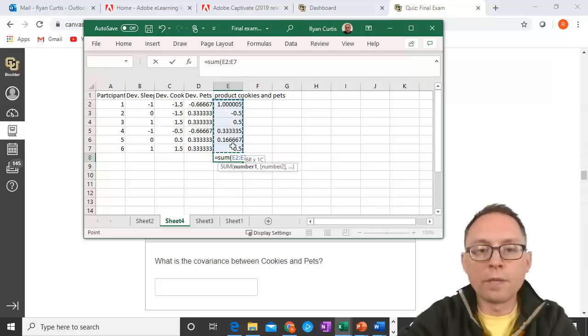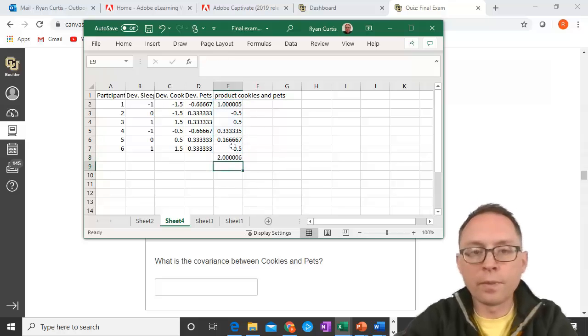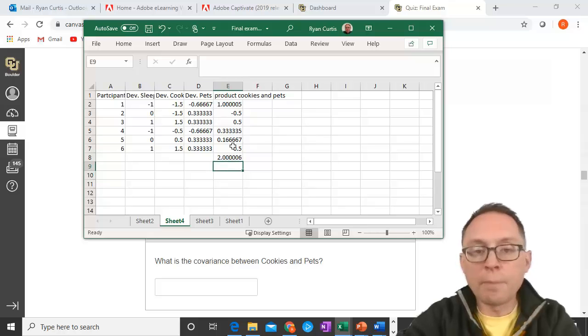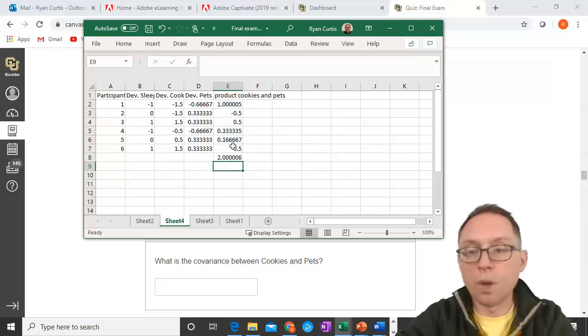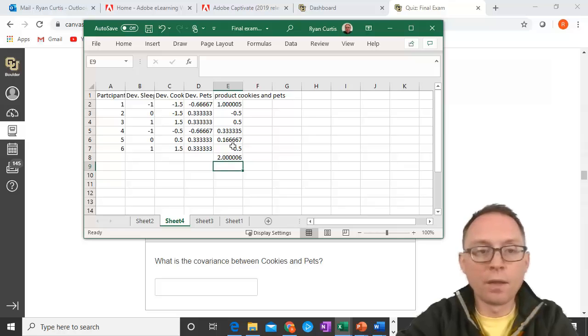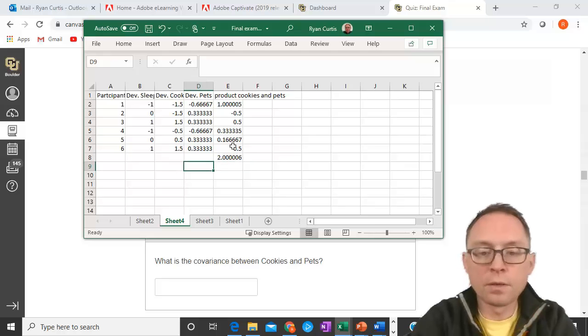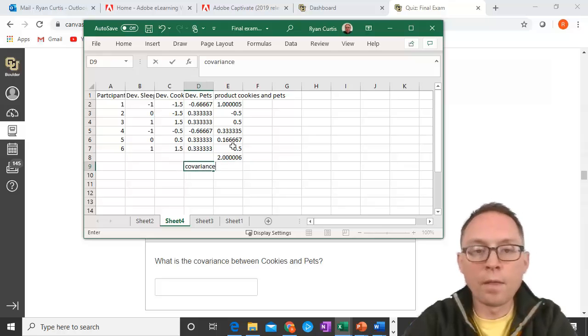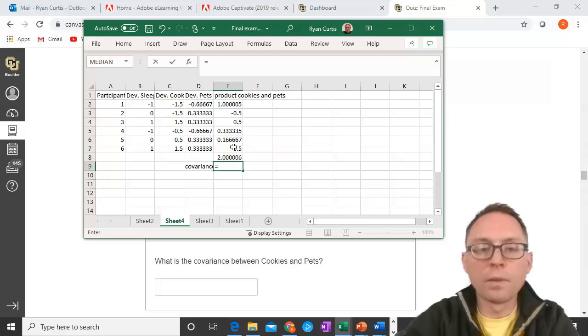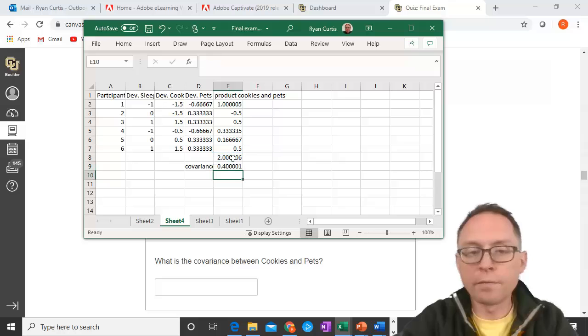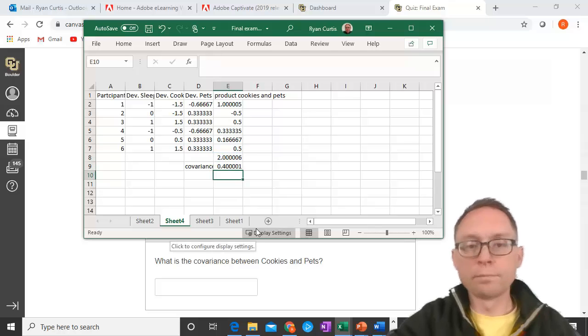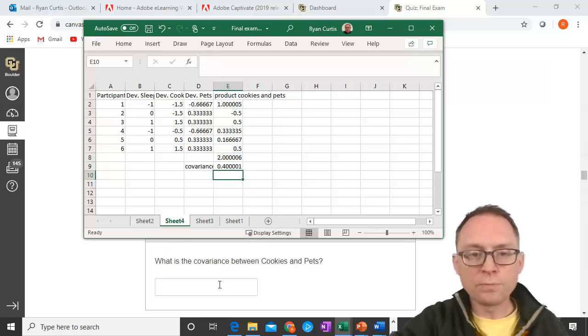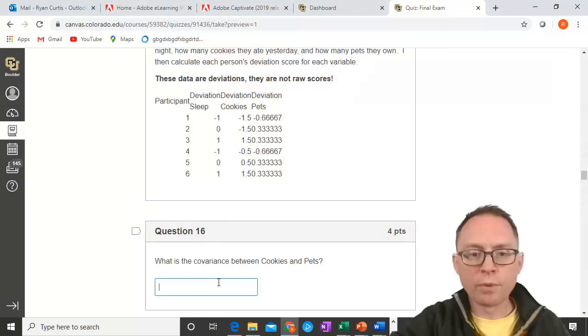I add up all of these, and they're in the product. And then I divide it by n minus 1. N is 6. I divide it by n minus 1, which is 5. So the covariance is going to be this divided by 5. 0.40. So the covariance is going to be 0.40.